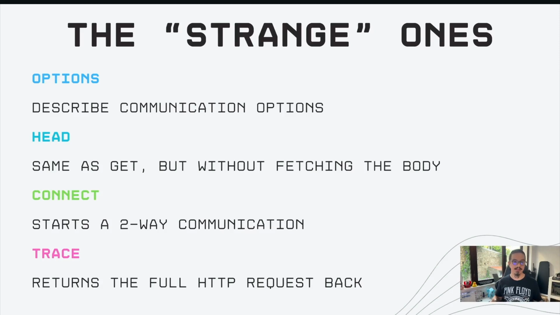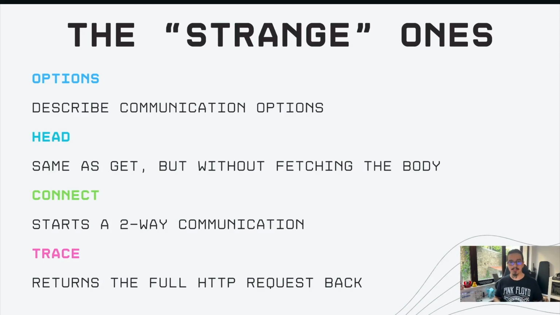So the client can send an OPTIONS request to your API, and you send a response back saying all the options, like okay, for this resource you can call it with the GET and the POST method, for example, saying about the authorization headers and things like that. So you send that to the server, and the server sends back the communication options available for that specific resource that you are calling.